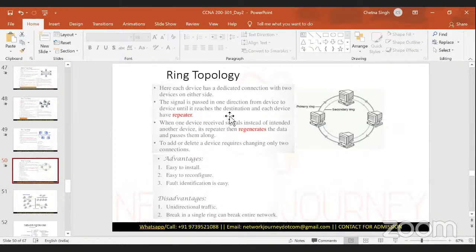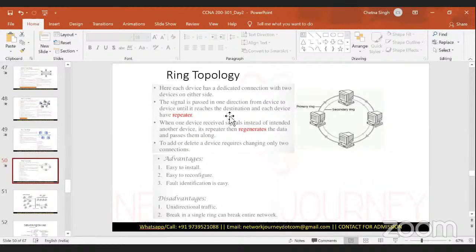In a ring topology, there is a token which is passed from one system to another system in order to decide who is going to transmit the information. Whoever has the token, only that system will be able to transmit its information. So it is followed in a proper ring manner.